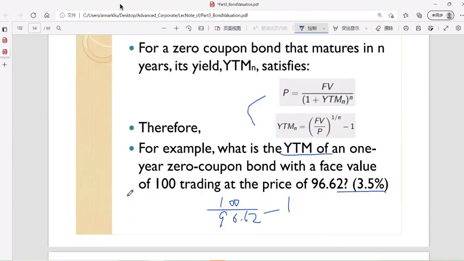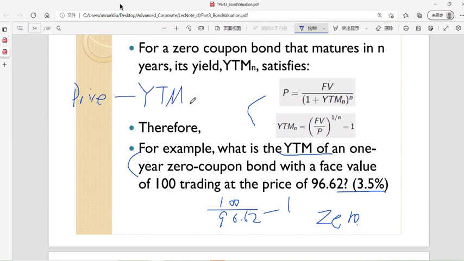One way you may tell from the relation here is that if you have zero coupon bonds, then there is a one-to-one mapping between the price and the yield to maturity. Do you agree with that?